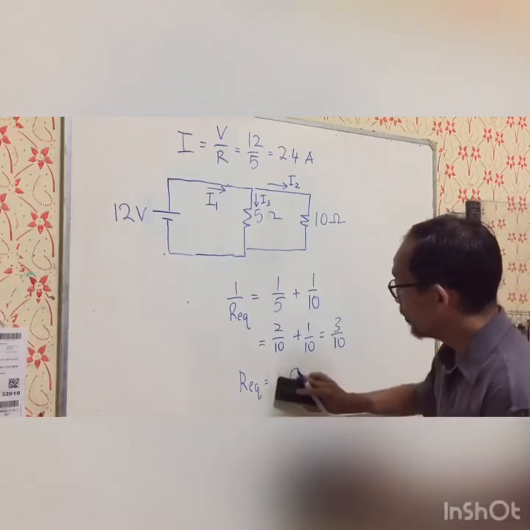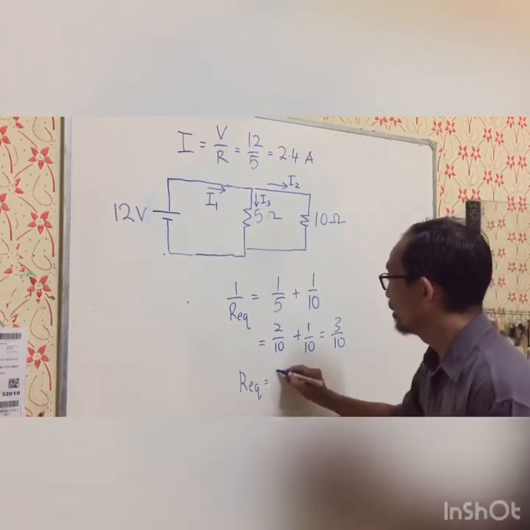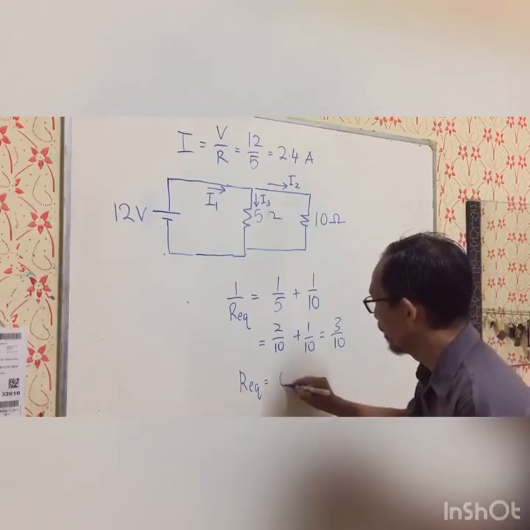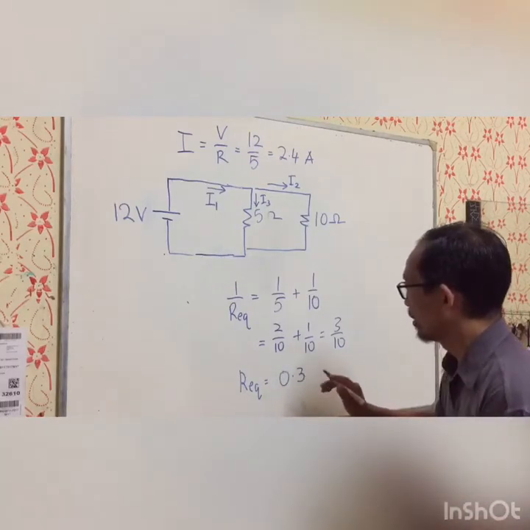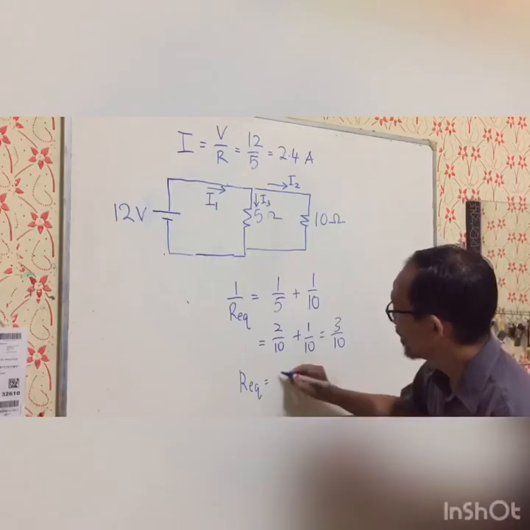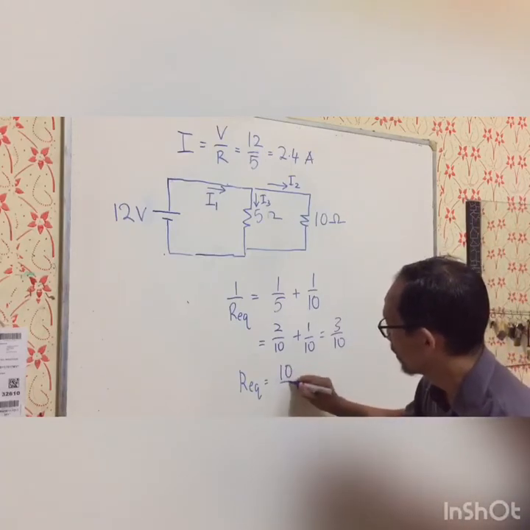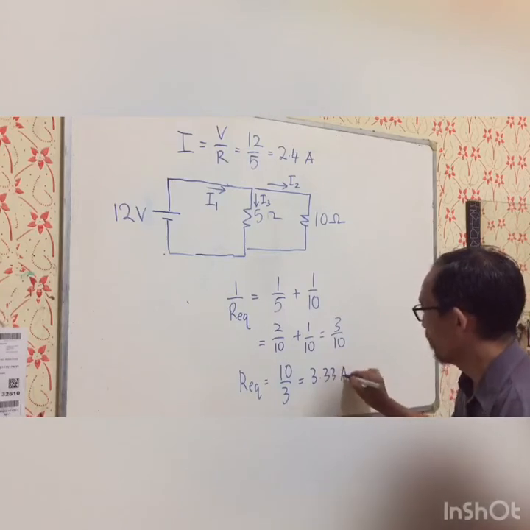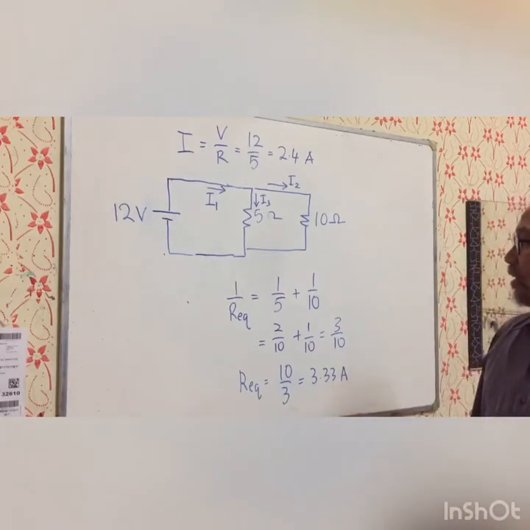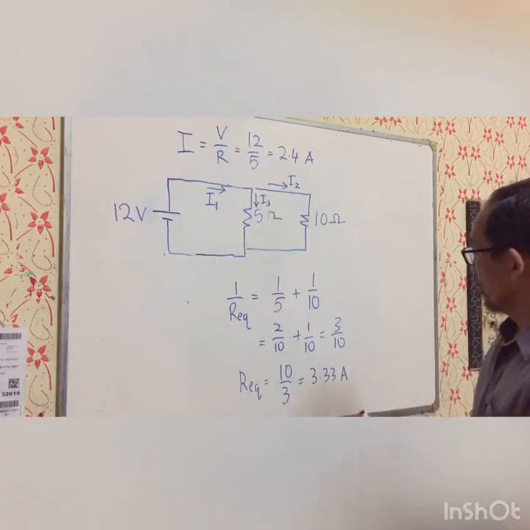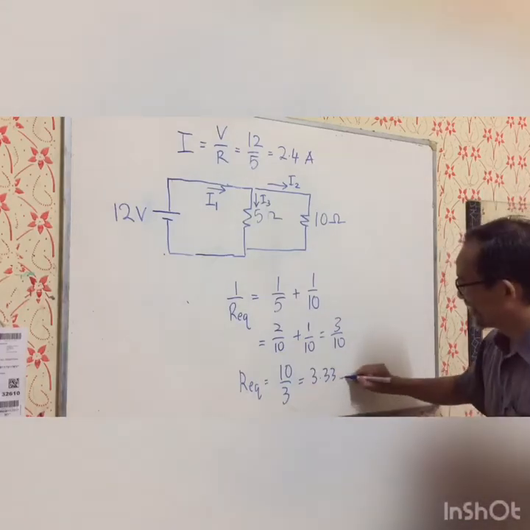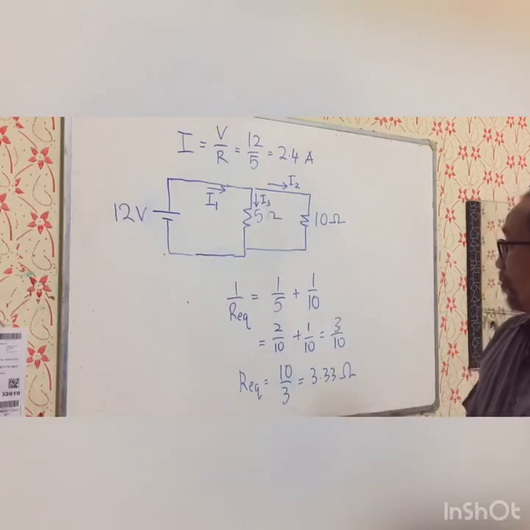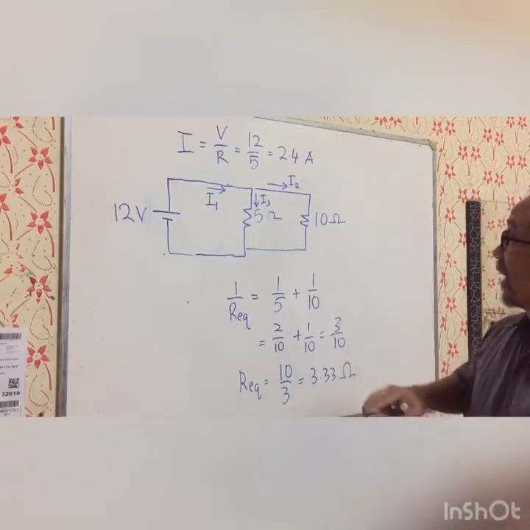So the equivalent resistance is going to be 0.3. No, it's the other way around. It's 10 over 3, or 3.33 ohm. Okay, that is the resistance, the equivalent resistance.